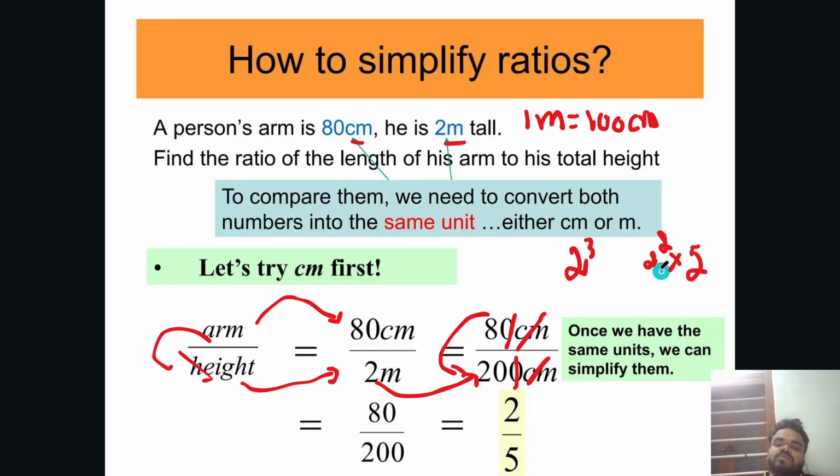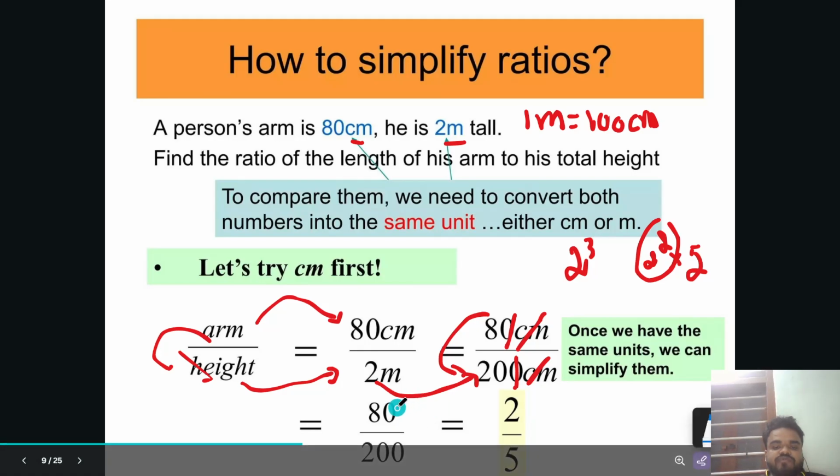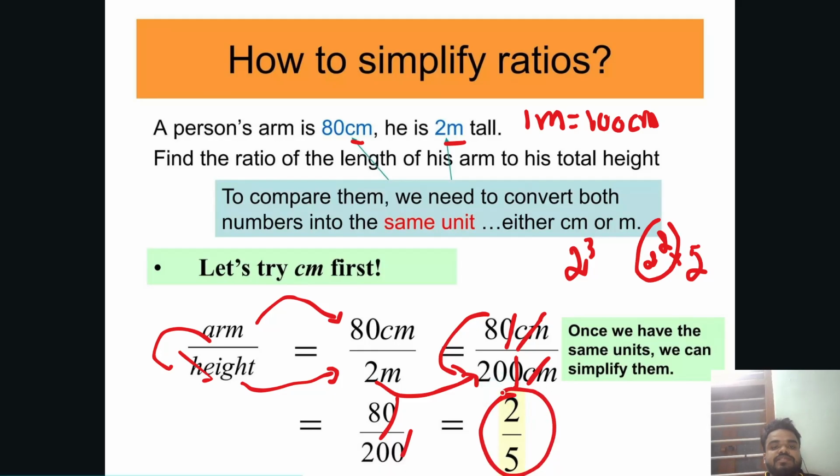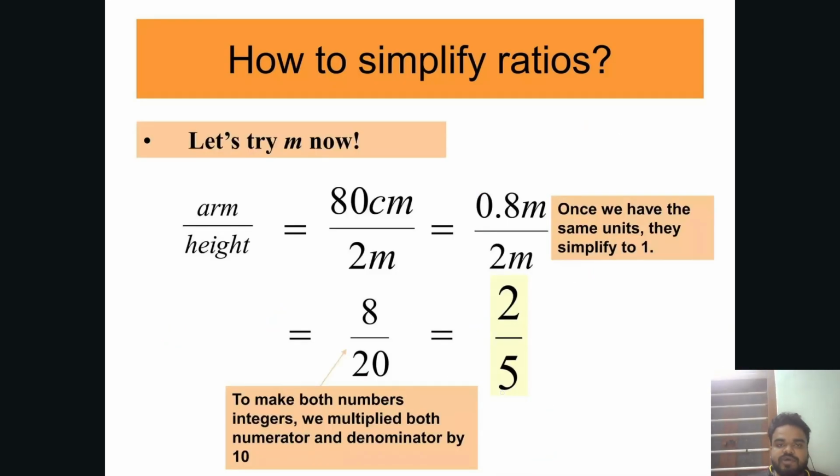What is the lowest power? 2 square, that means 4. 4 is the GCF of 8 and 20. So divide by 4, and 8 and 20 become 2 by 5. This is the simplest form of 80 centimeters to 2 meters. Got it? Let's try another method.